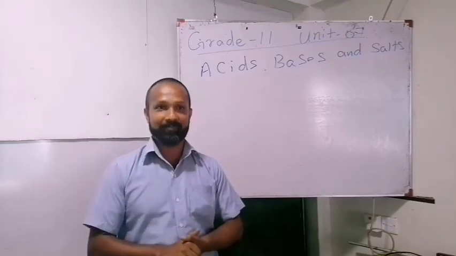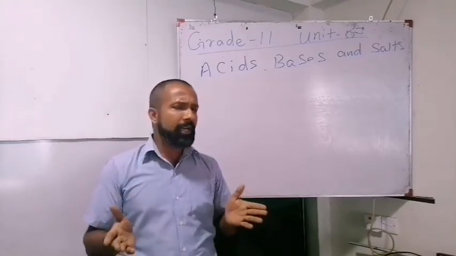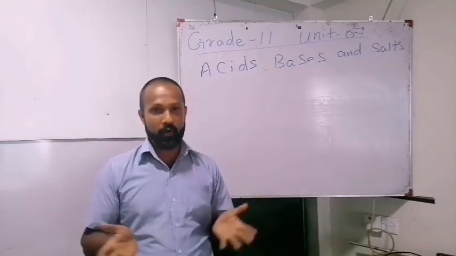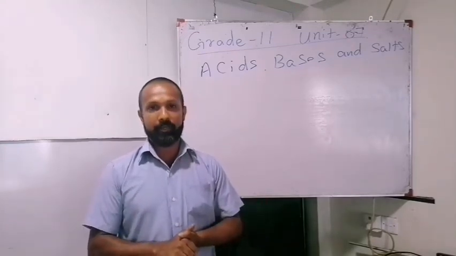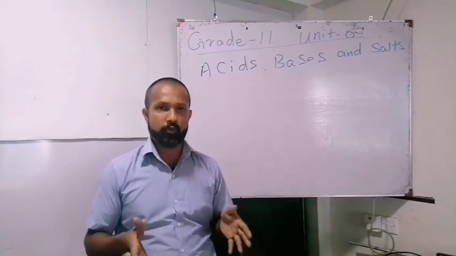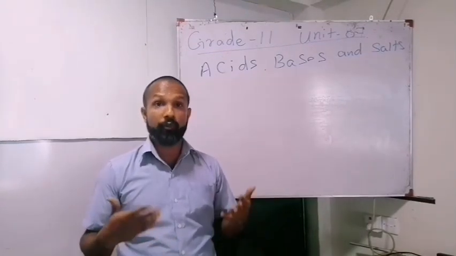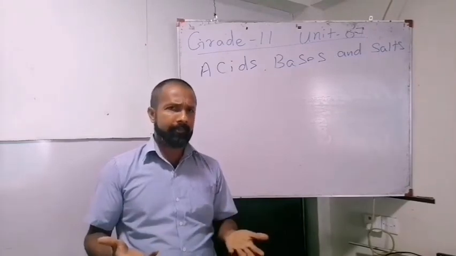grade 7. In our day-to-day life, we use various types of components. For example, in domestic purposes, we use soap, salt, lime juice, vinegar, tamarind, like this.